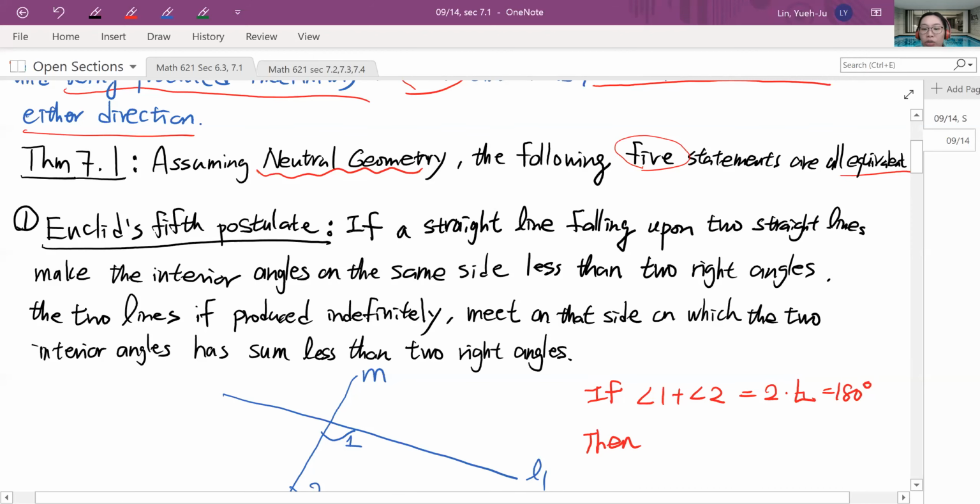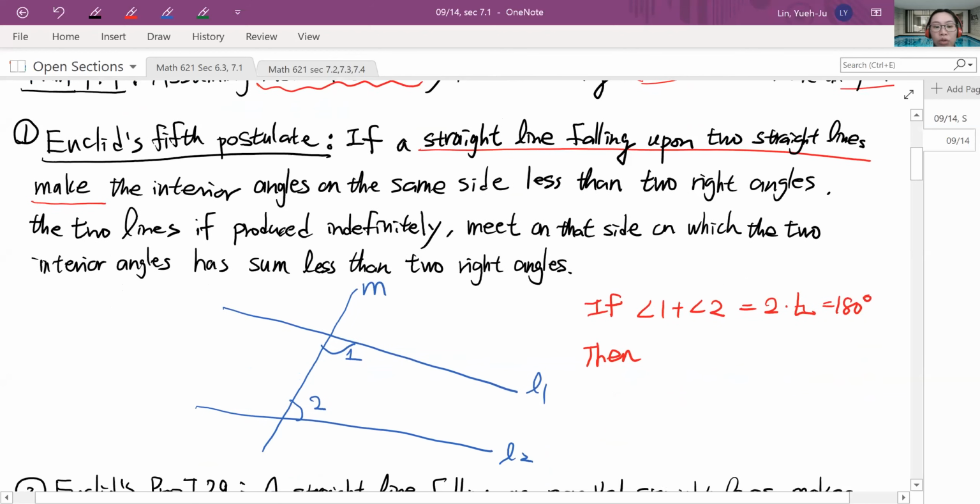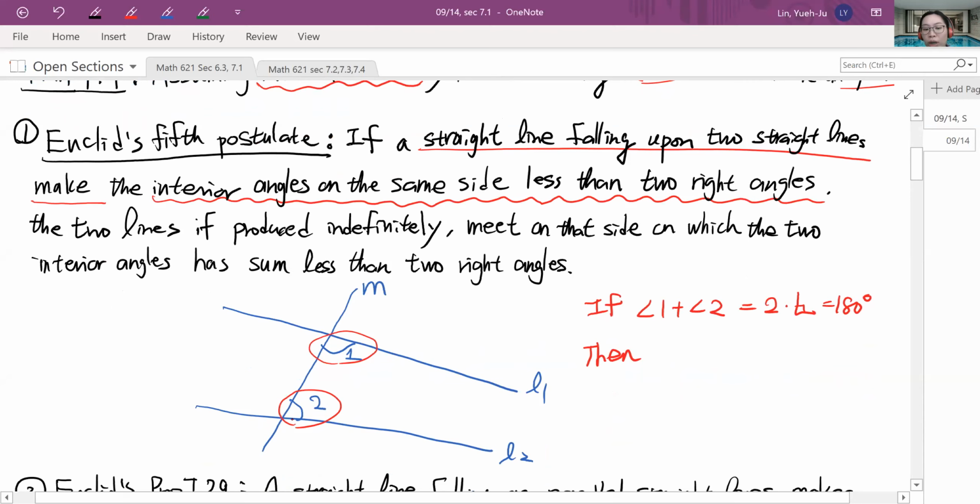Let me remind you, it says if you have a straight line falling upon another straight line, like what I drew here, making the interior angles on the same side have a sum less than 2 right angles, so you have M crossing L1, L2, making the sum of the interior angles on the same side, 1 and 2, less than 180, then if you extend these 2 lines indefinitely, they're going to intersect or meet on the same side as those 2 angles.